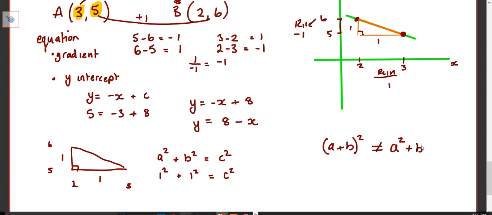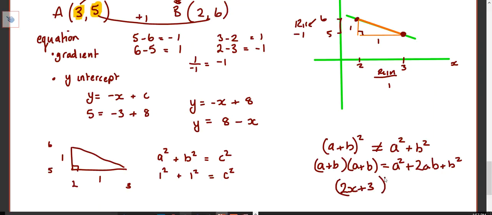It's a plus b times a plus b, which turns into a squared plus 2ab plus b squared. You may remember it as (2x plus 3) squared is not 4x squared plus 9. Yeah. Okay, it is not that, is it?